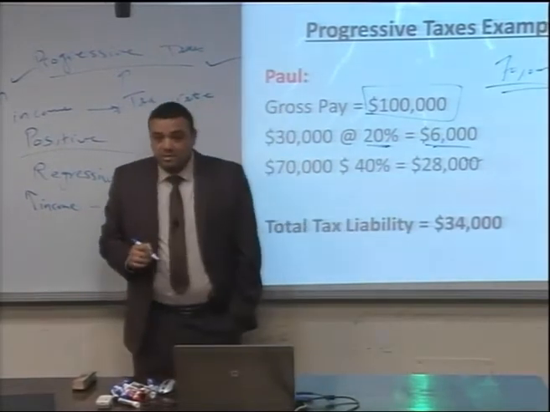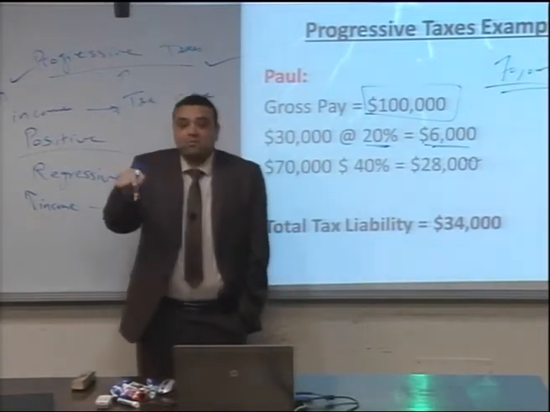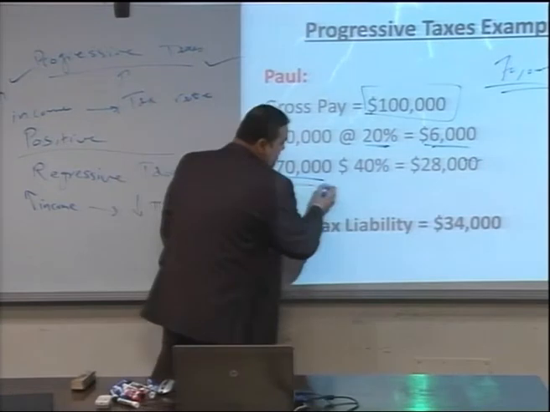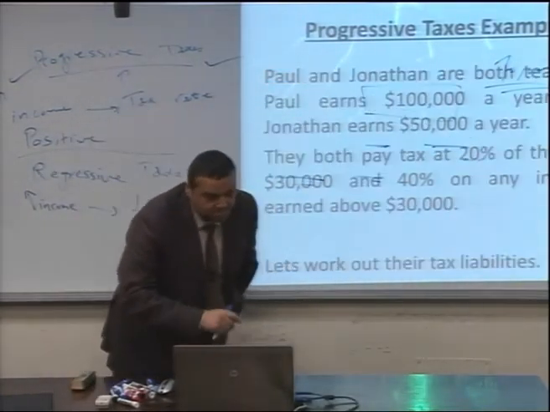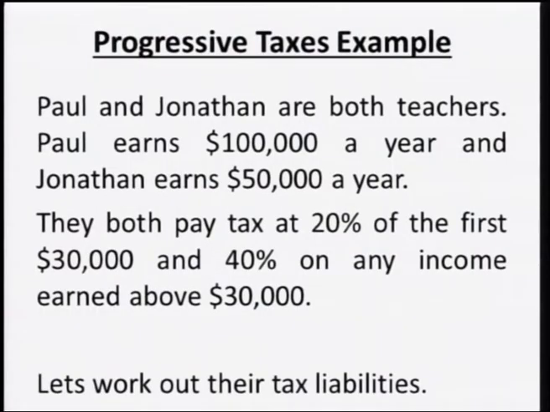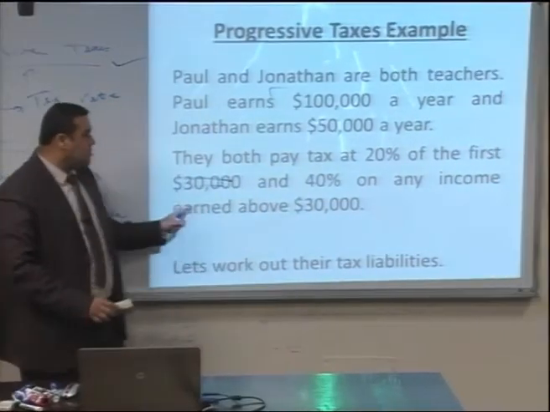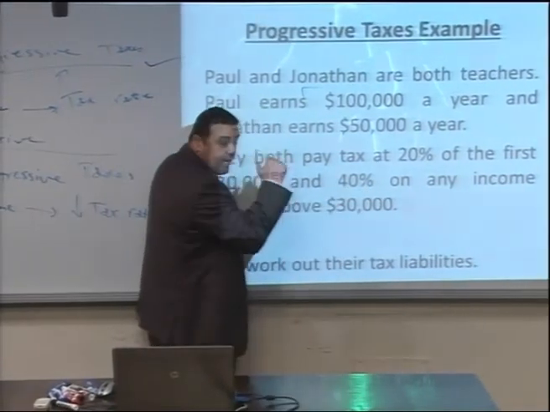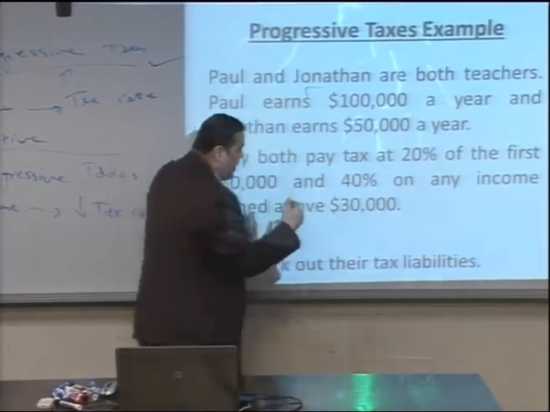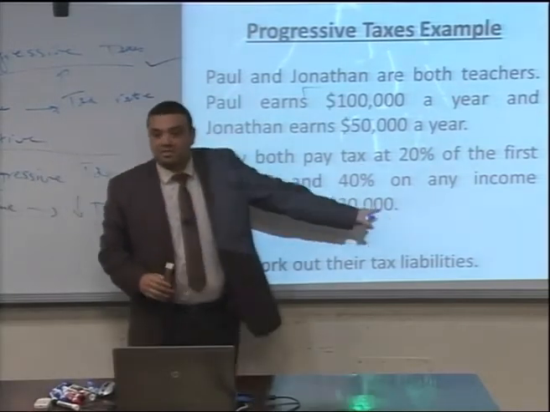Right? How much must he pay? 40%. Because the question here is, he earns $100,000 a year. The first part of his income, he has to pay 20%, and on the second amount of his income, he has to pay 40% of any income earned above 30.